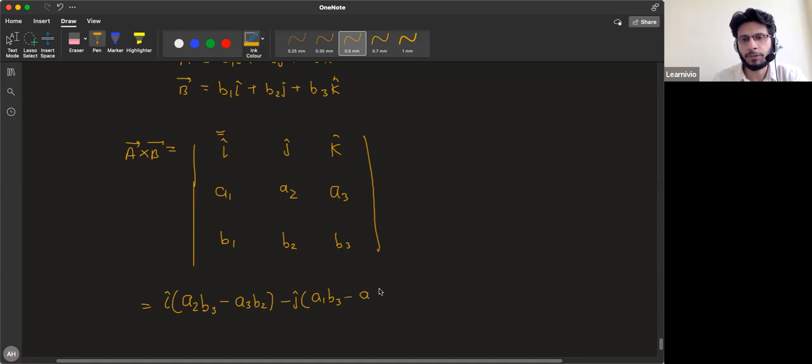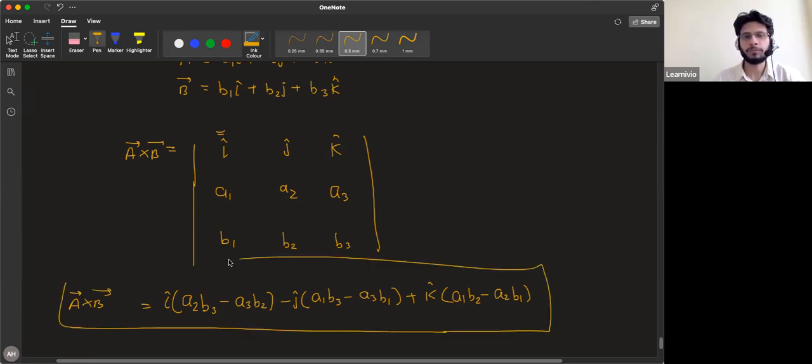Plus K cap times A1 into B2 minus A2 into B1. So this is A cross B. This is how we open the cross product in Cartesian form.